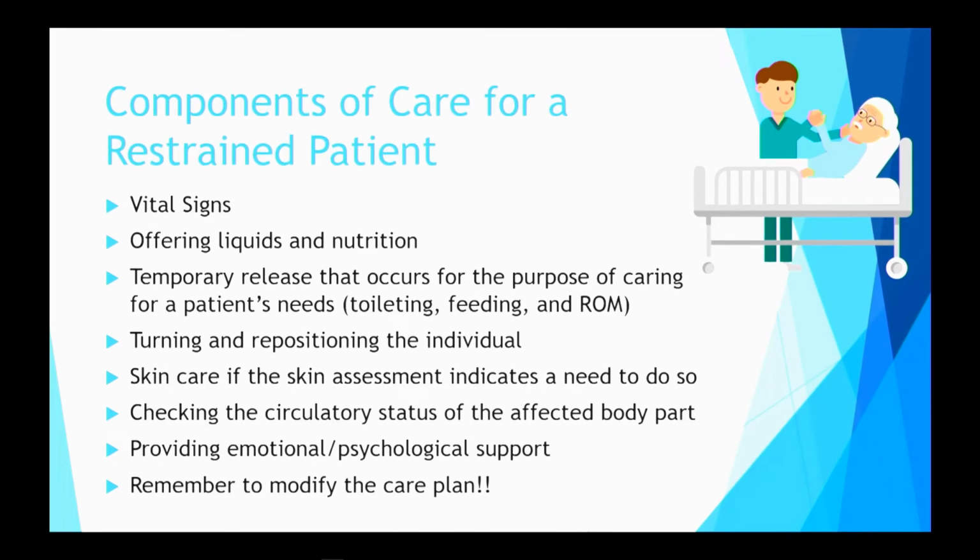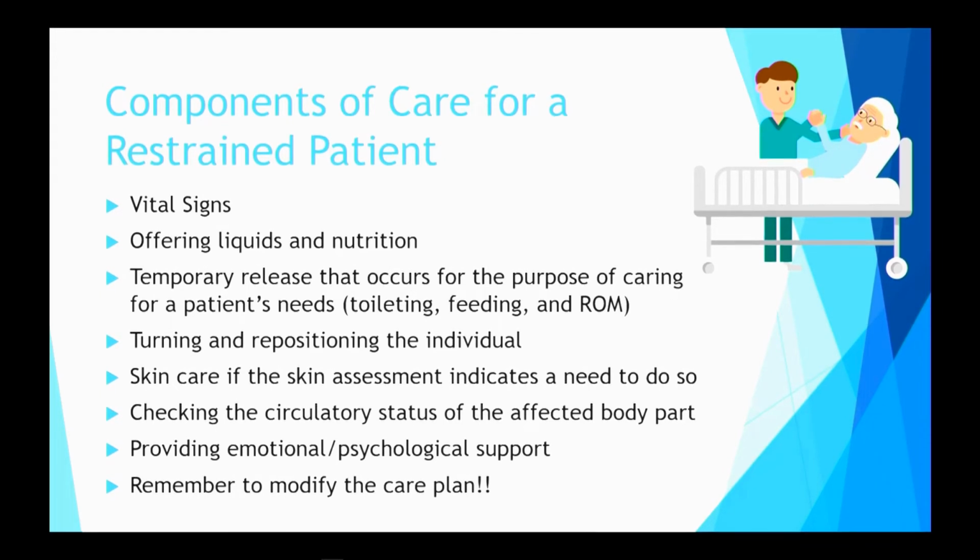Components of care for a restrained patient. Vital signs are very important. Offering liquids and nutrition. Temporary release of the restraints for the purpose of caring for a patient's needs. This is at a minimum of every 2 hours, such as needing to toilet them, feed them, do range of motion. Turning and repositioning the individual.